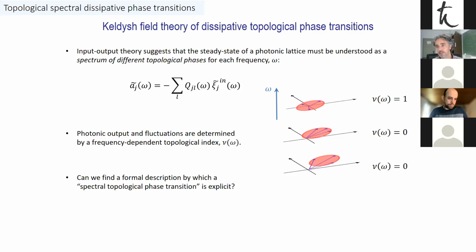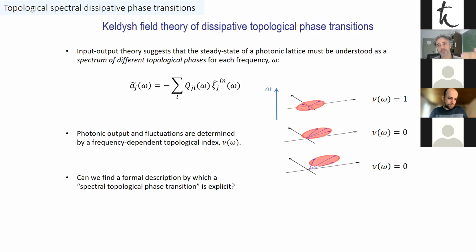So this is true both for the amplification of a coherent signal as well as for the noise in the system. So to say, each frequency has its own topological index in this problem. So in a sense, it looks as if the problem is factorized in different frequencies.